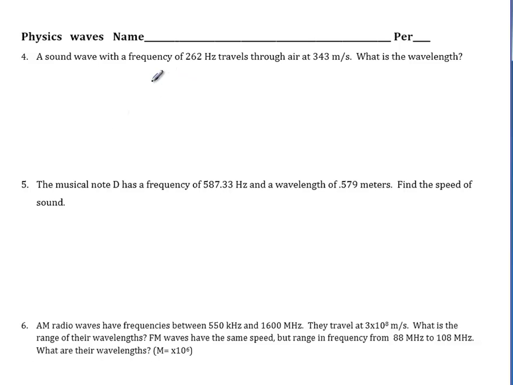Number 4, a sound wave with a frequency of 262 hertz travels through the air at 343 meters per second. So we're given a velocity of 343, we're given a frequency of 262, and we are asked to find the wavelength. This is in meters per second and hertz, so we don't have any unit conversions to deal with. Just V equals wavelength times frequency.